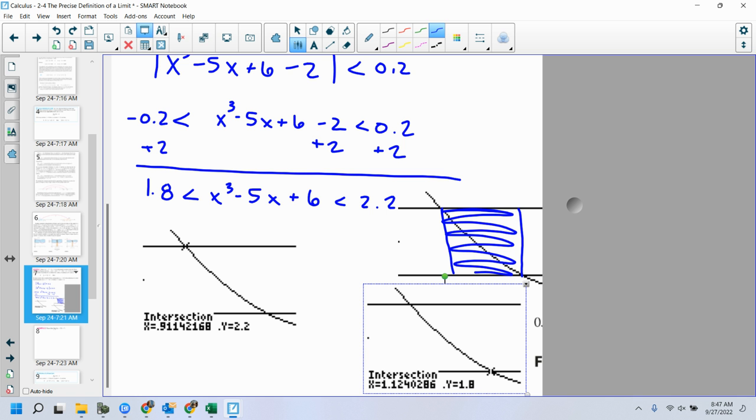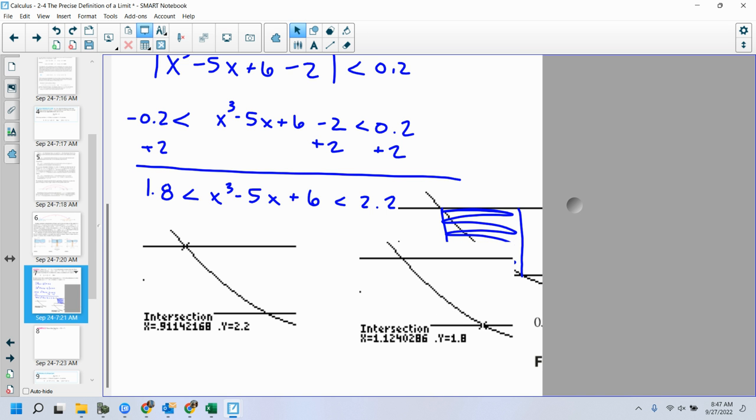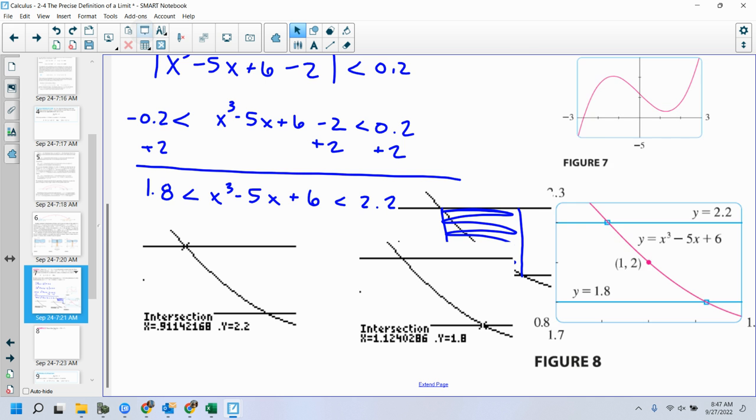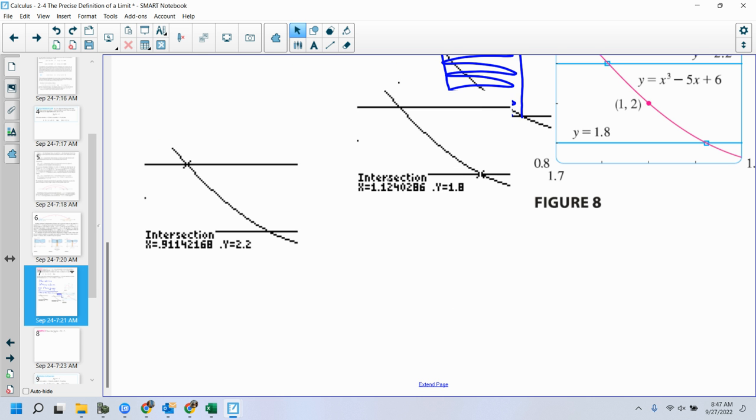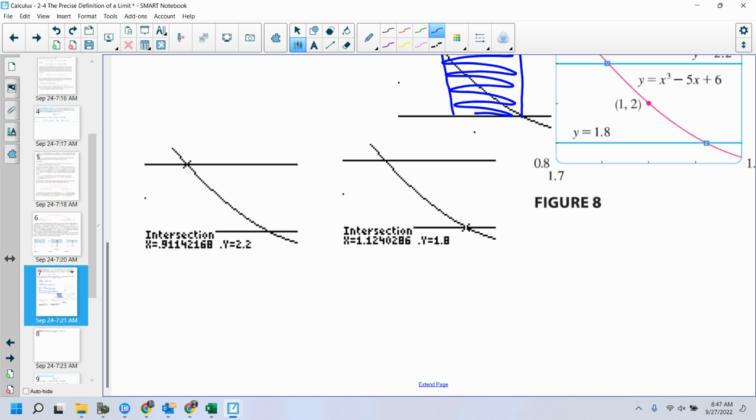Now, that means, let me scroll down a little bit. Oh, can't. Where's my extend page button? To do that, apparently. Okay, so that means our acceptable range for x is here.